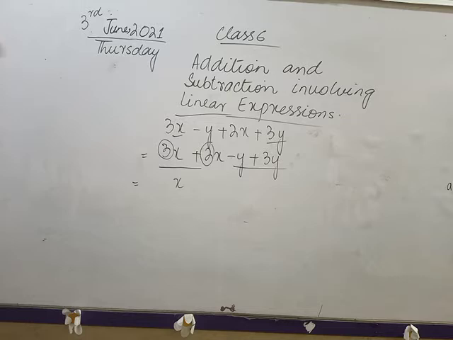Fine. So what sign do we assume there? Positive. So if you look, we have two positive signs, meaning two like signs. So when we have two like signs, we will simply add the numbers.